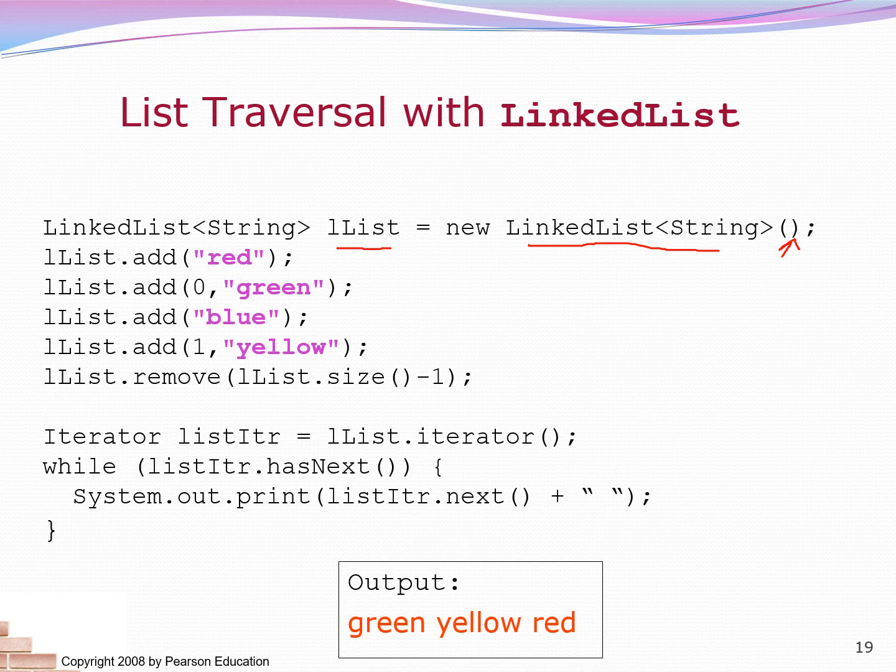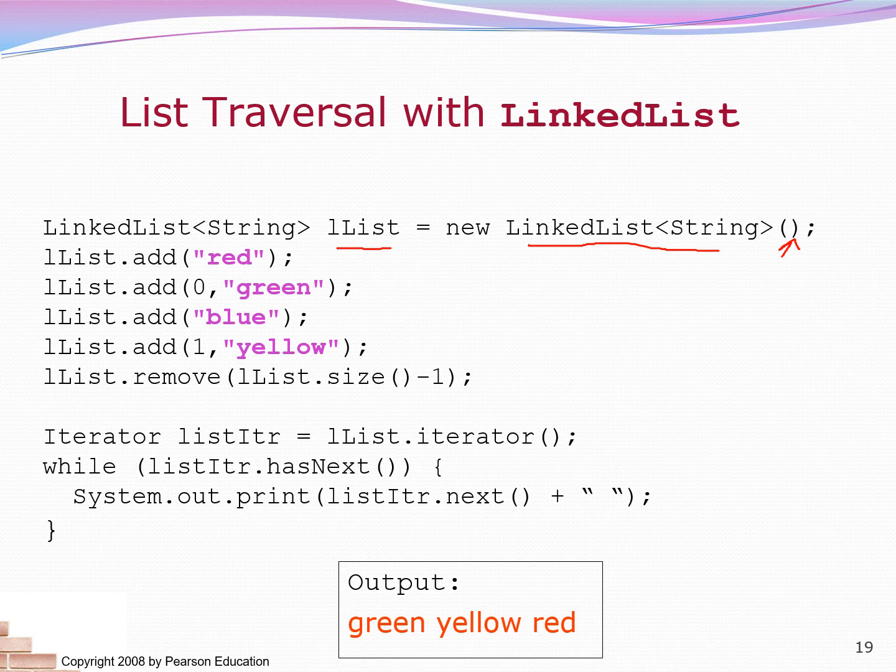Red is the first item. Then you add green at the first location, so you have green, red right now. And then you put blue, so blue will be the third element there. And then at location index 1 you put yellow.